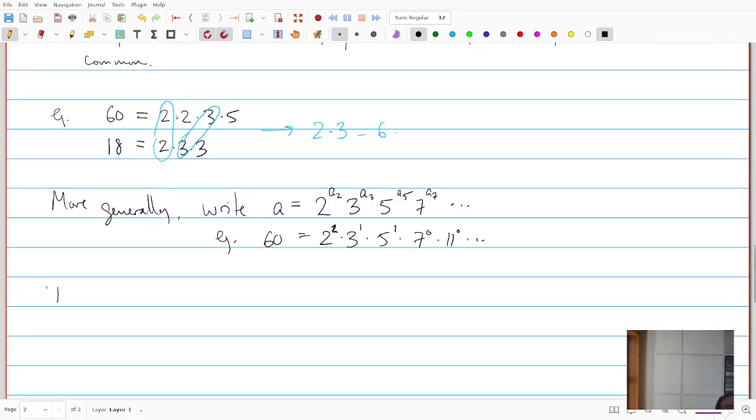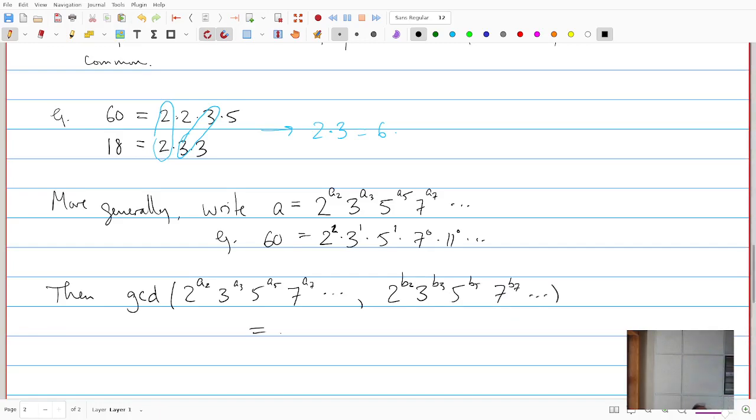Okay, then we can say that the greatest common divisor of, if I have some number 2 to the A2 times 3 to the A3, 5 to the A5, 7 to the A7, dot, dot, dot, and 2 to the B2, 3 to the B3, 5, 7, dot, dot, dot, equals, well, how many 2's do I want?